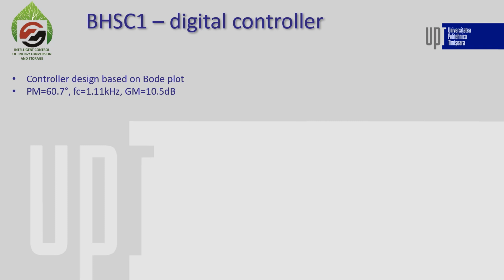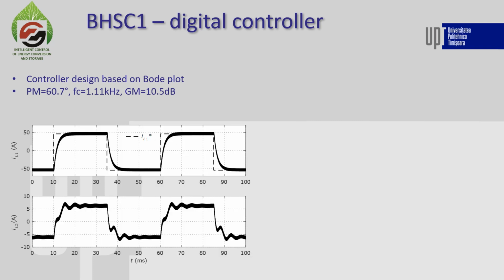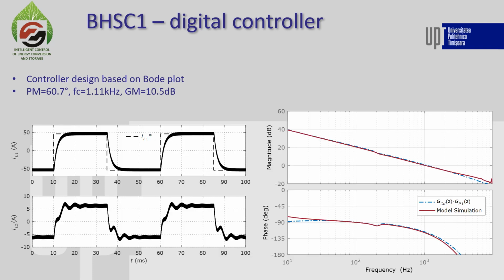This was designed by directly shaping the Bode plot. Of course, because it is a digital controller, we are a bit more limited, so the phase margin was selected at 60.7 degrees at the cutoff frequency of 1.11 kHz. And we also had to keep in check the gain margin at 10.5 decibels.